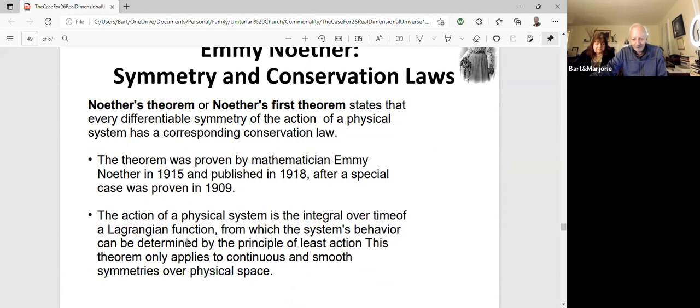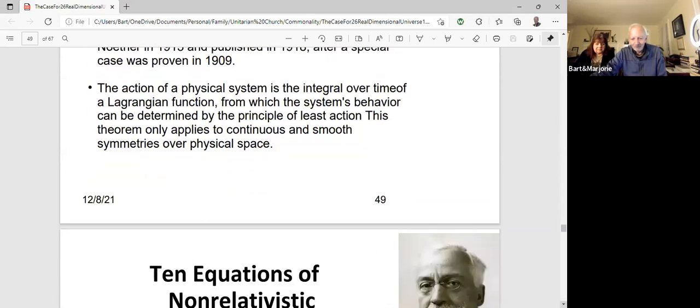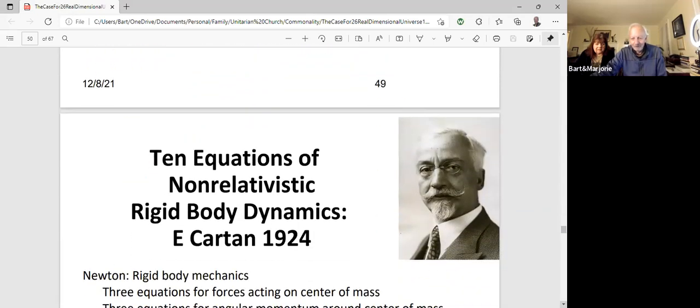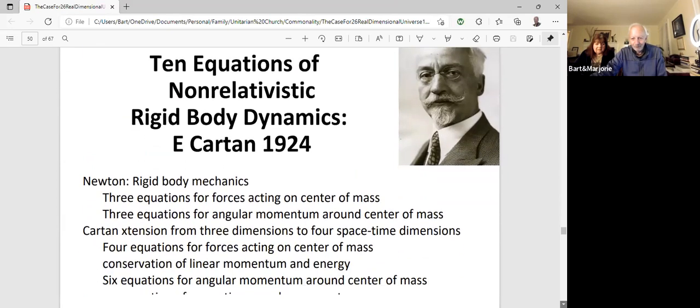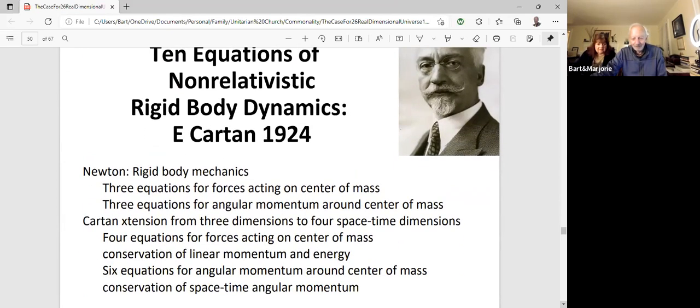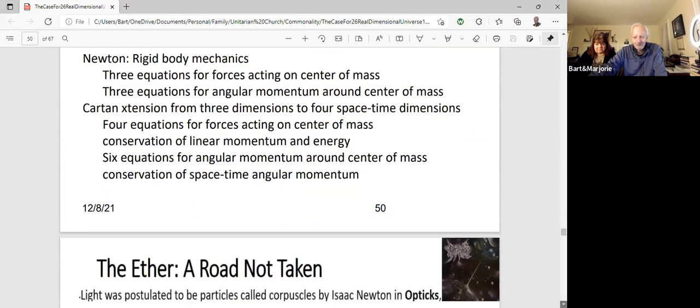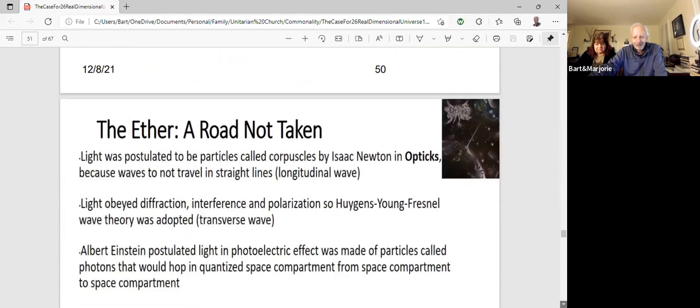If we had a Lagrangian system, then we would end up with a variety of symmetries, and Emmy Noether characterized all of these symmetries here. These lead to conservation of energy, conservation of momentum, and so forth. Conservation of mass, but this led to more equations of rigid body mechanics.